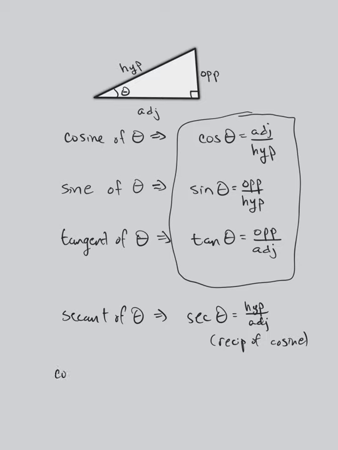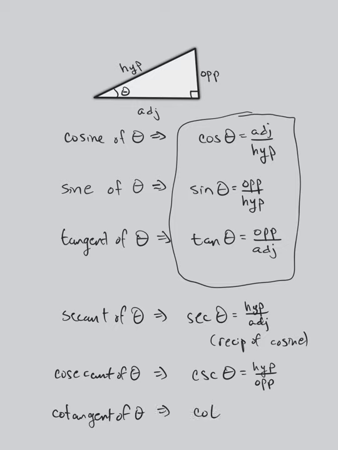Then there's the cosecant, and we abbreviate that csc of theta, and that's the reciprocal of the sine, so it would be hypotenuse over opposite. And then the sixth one is the cotangent of theta, and we abbreviate that cot of theta, and that is the reciprocal of the tangent, so adjacent over opposite.